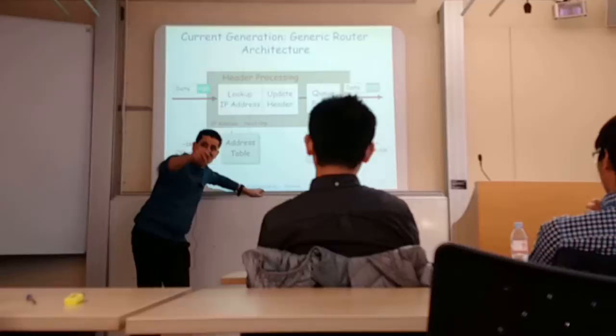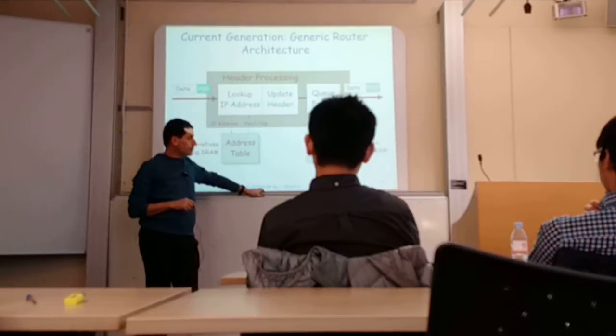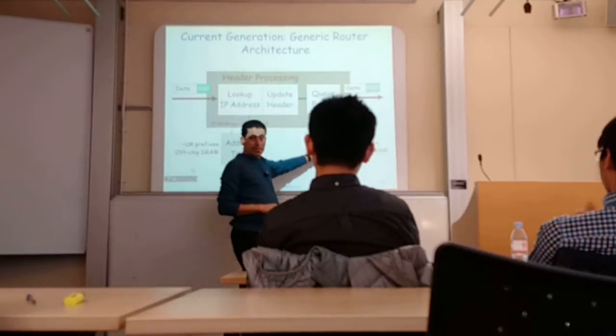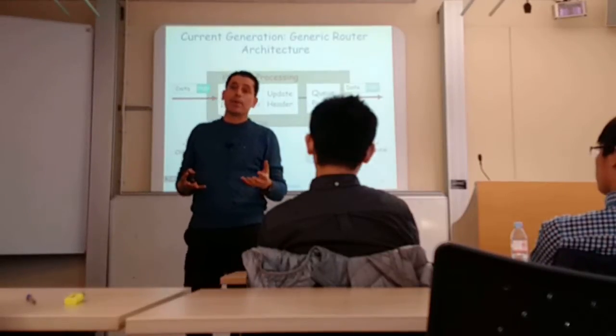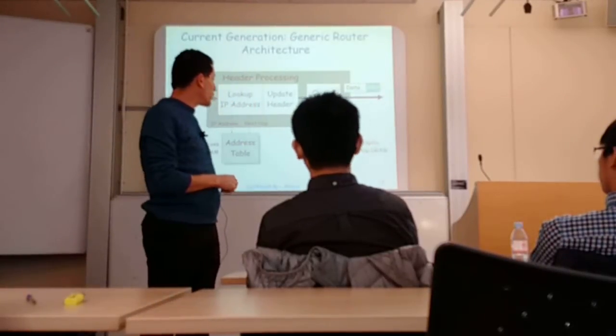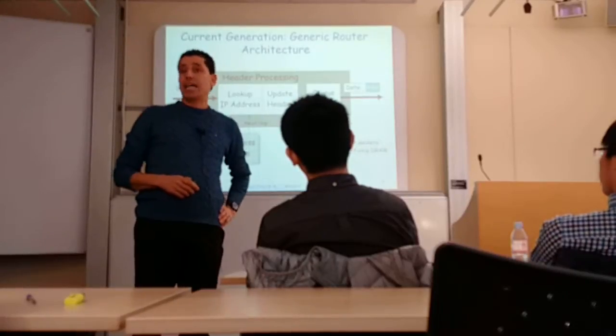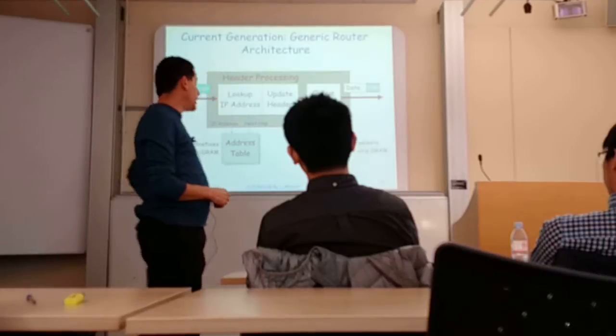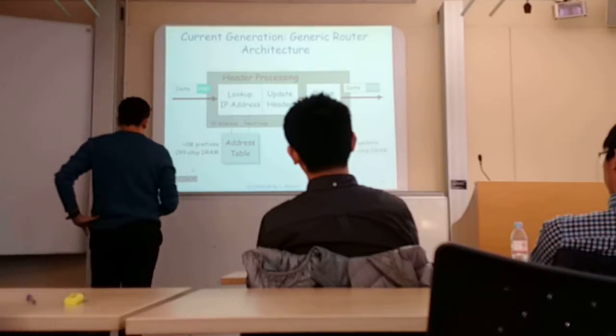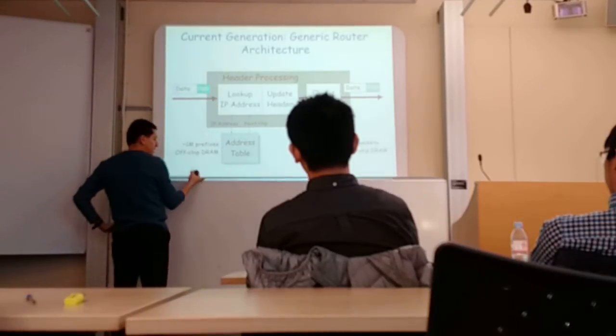Answering your question before, you asked me about performance. The memory requirement here, there are some rules of thumb in order to maintain good performance of a router in terms of buffer size. Okay? And I give you a small example here.